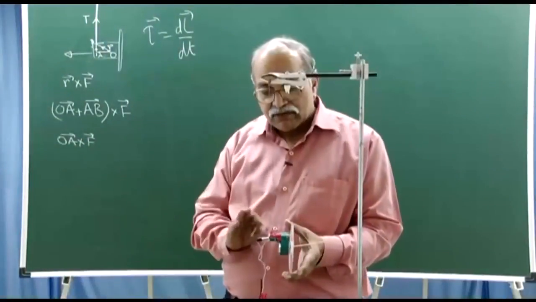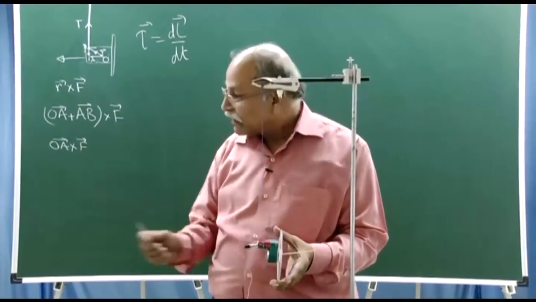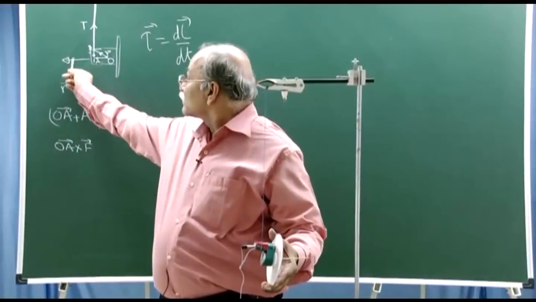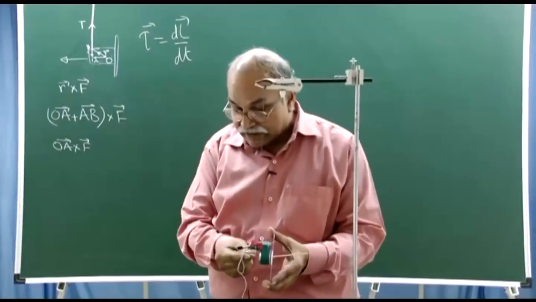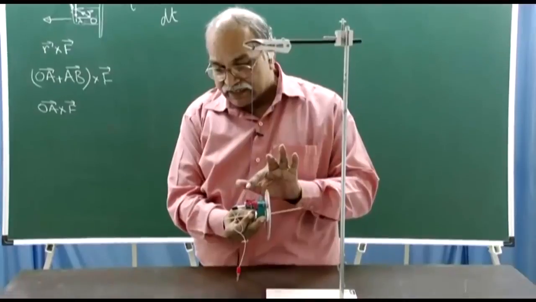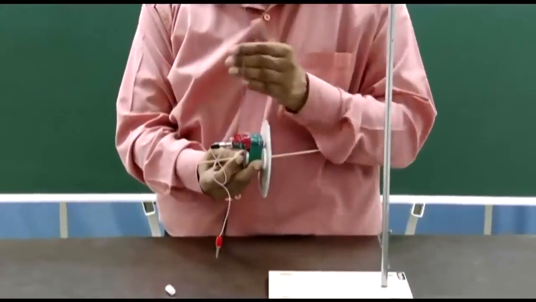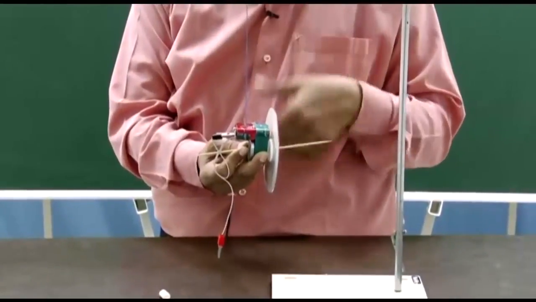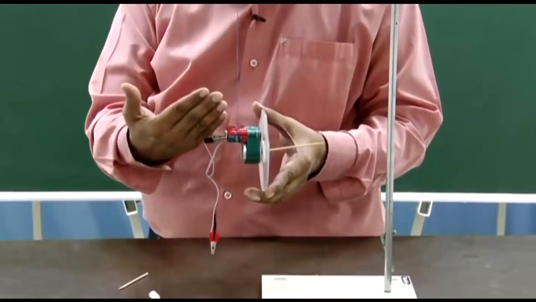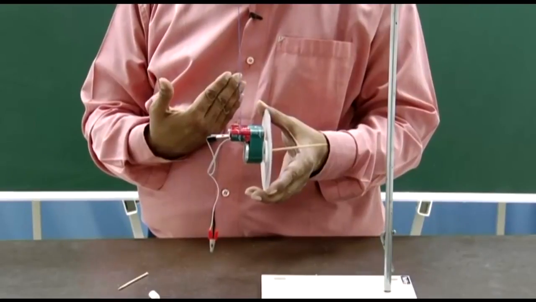If I look at it here on the system, this vector R, or this OA vector, is like this toothpick here, and the force vector, the tension, is here. So, R cross F will be towards me. So, torque is towards me, and the change in angular momentum should be towards me, because torque is dL/dt.